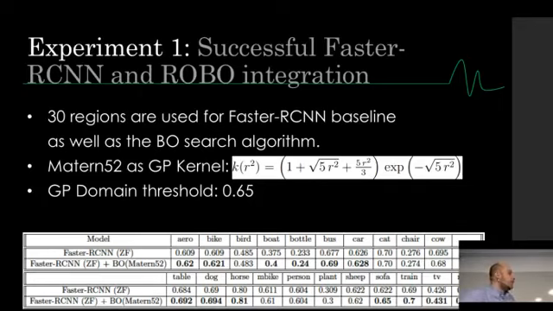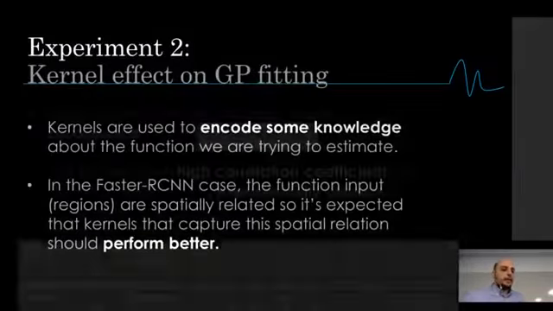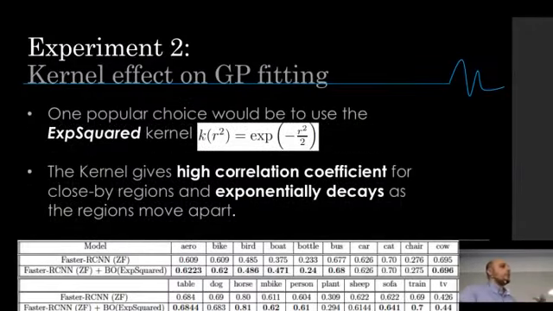Okay, so the second experiment was to use a different kernel to encode this kind of information. Since the input of our optimization is regions, it's quite intuitive that when you move the regions apart, the classification score should be different, right? So we use this exponential squared kernel to describe this.